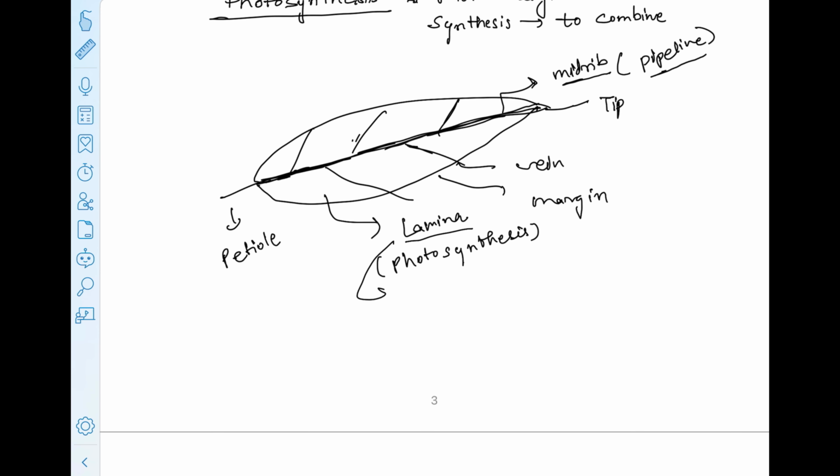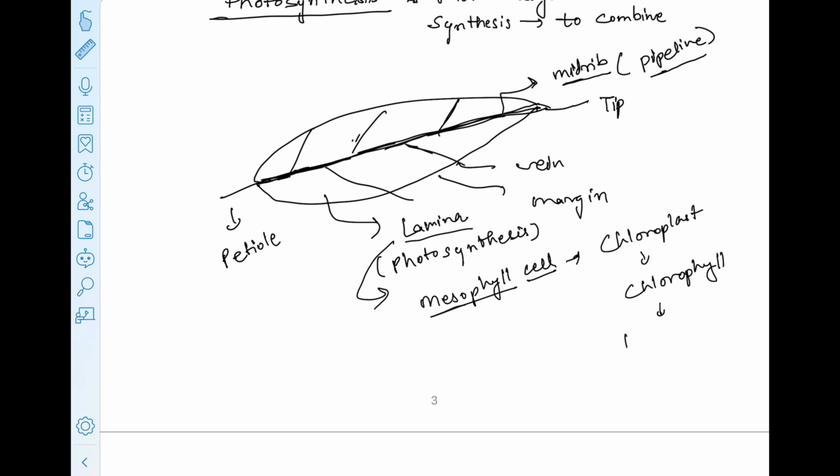In the lamina, some cells are present. They are known as mesophyll cells. And these cells have chloroplasts. Chloroplast is an organelle that has green pigments known as chlorophyll. And this chlorophyll is able to trap sunlight.